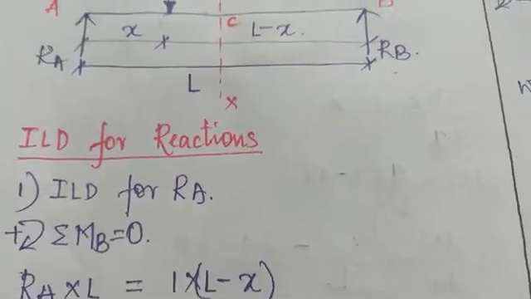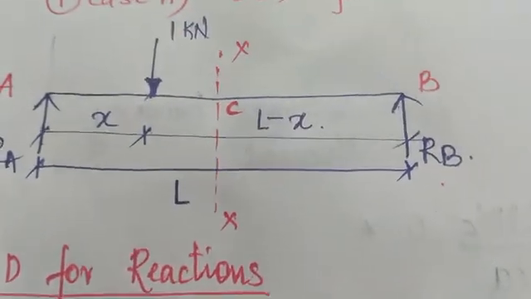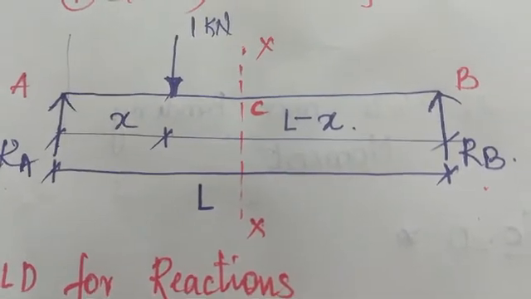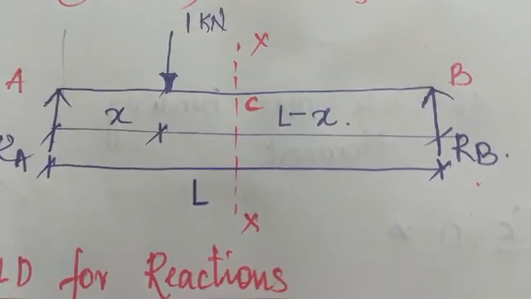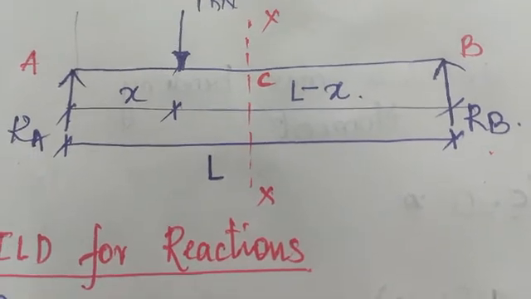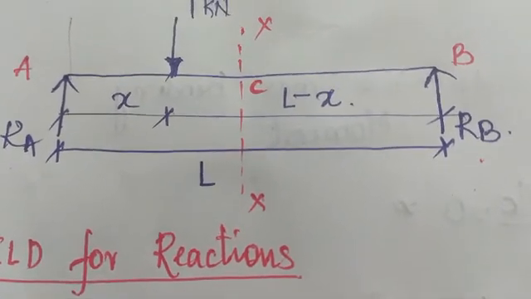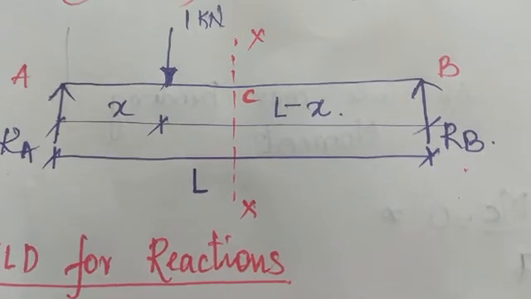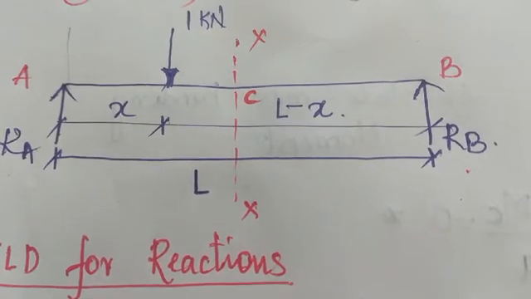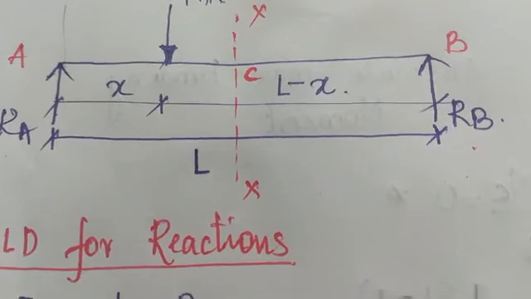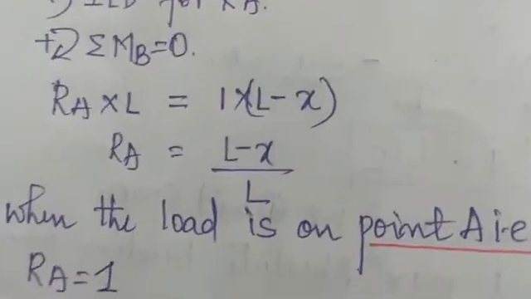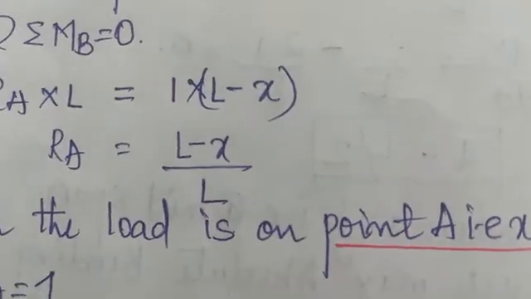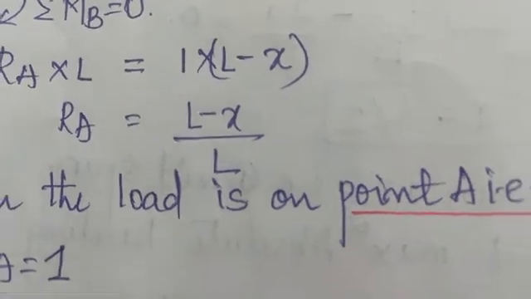That is nothing but reaction RA into L. Now I take clockwise as positive and anti-clockwise as negative. So RA into L will be equal to 1 into (L minus x). From that I will get RA equals what? RA will be (L minus x) divided by L.